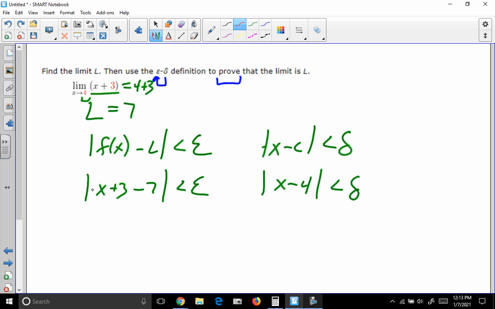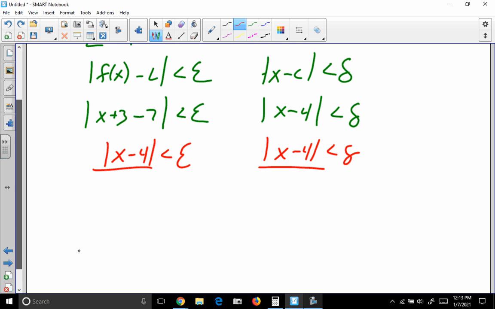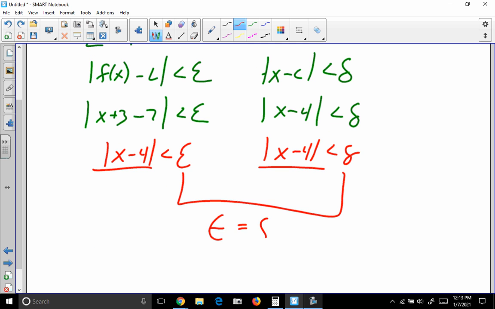So on the left, x plus 3 minus 7 simplifies to x minus 4. Over here, x minus 4 is less than delta. So since these match, then those match. That means epsilon and delta are equal. So whatever this distance is, this is the same amount.